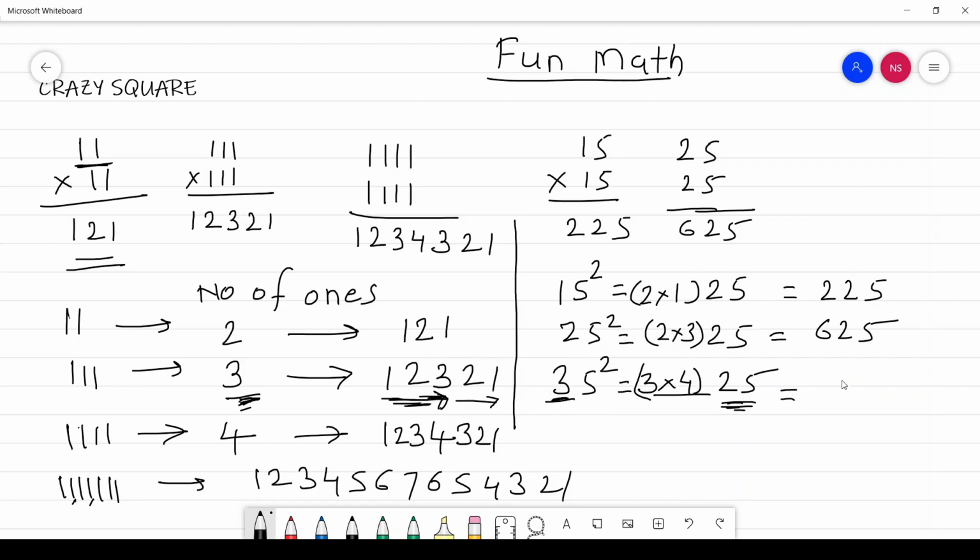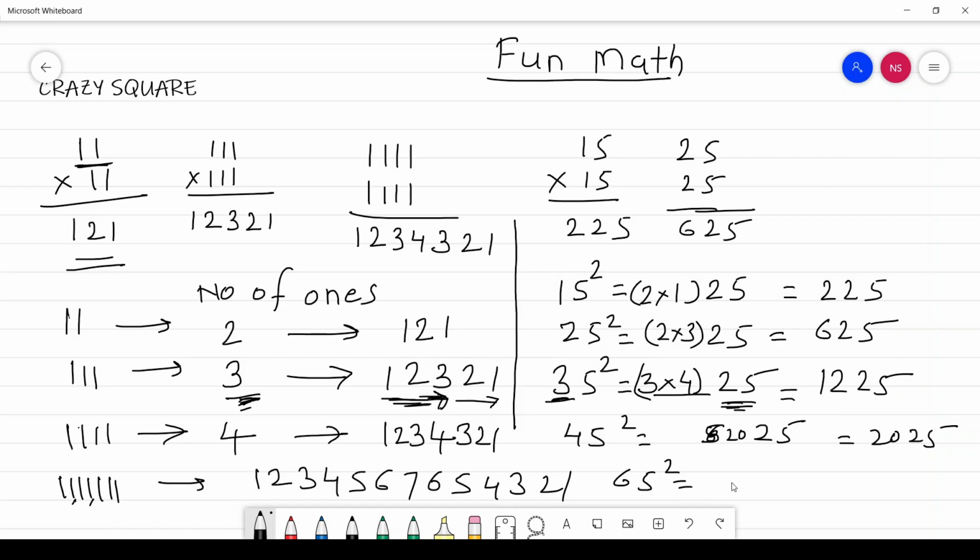So 35 square will be 1225. What will be 45 square? It will end with 25, and the next number to 4 is 5, so 4 times 5 is 20. The answer will be 2025.